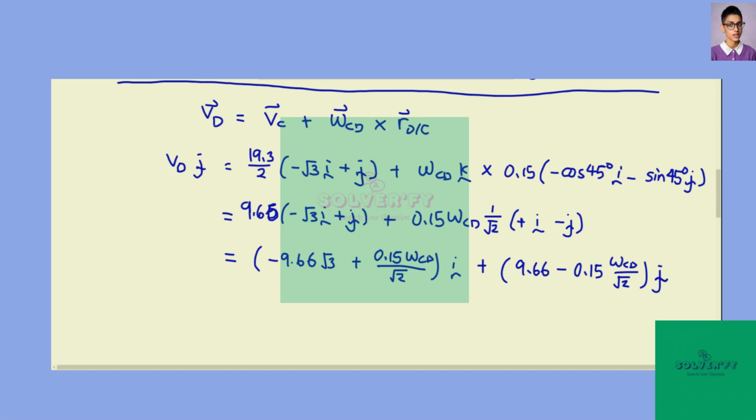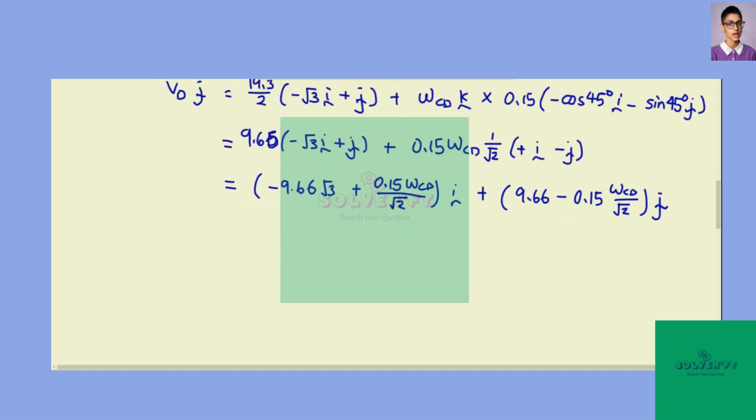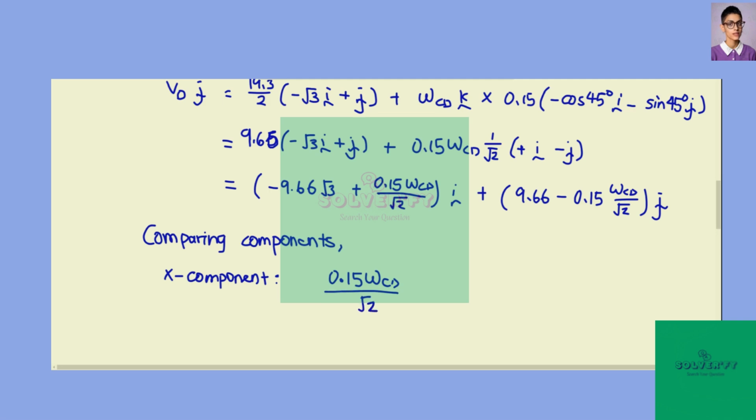So comparing components, for the x component, we have 0.15 omega CD divided by root 2 equals to 9.66 root 3, right? So omega CD will just be 158 radians per second.